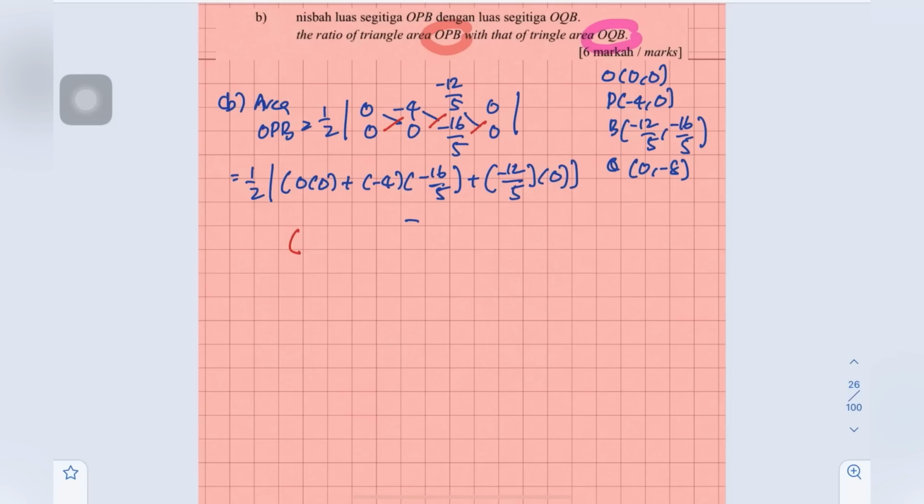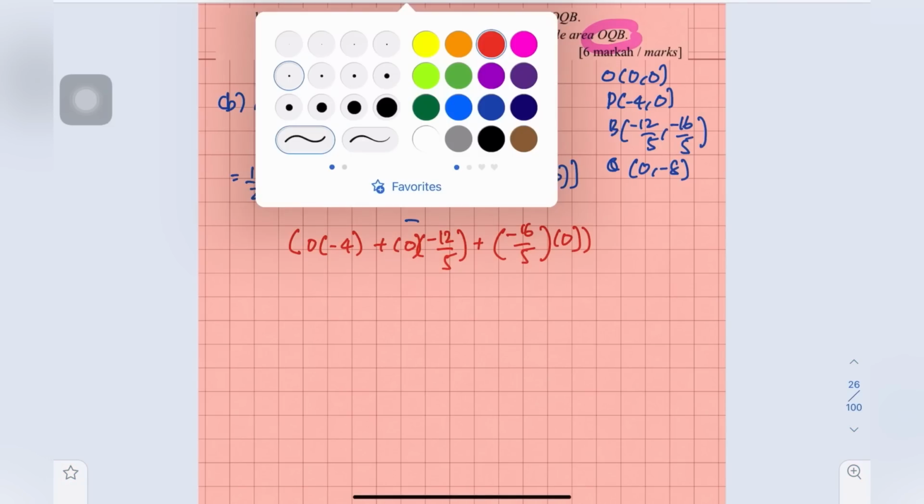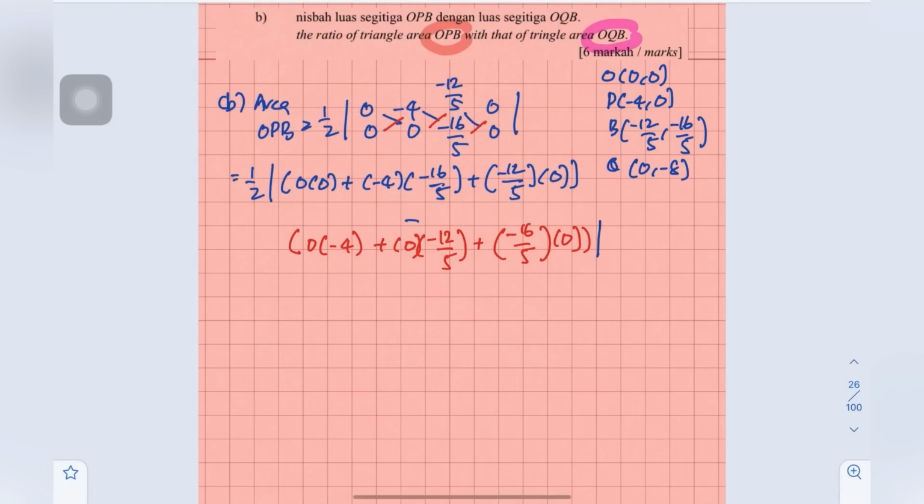Okay, so this one is 0 times negative 4 plus 0 times negative 12 over 5 plus negative 16 over 5 times 0. Okay. So yang ni kita kira lah, kita akan dapat jawapan dia 32/5. Okay, this is area of OPB.